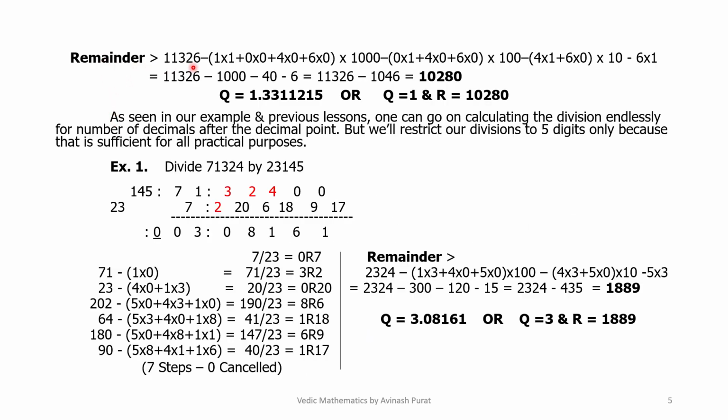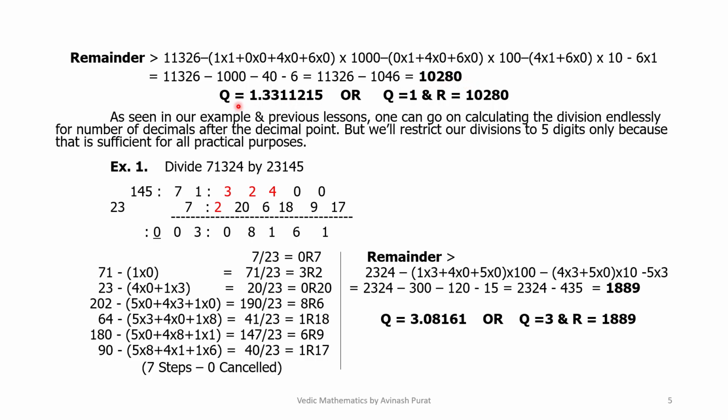Remainder: 11,326 minus 1 into 1 plus 0 into 0 plus 4 into 0 plus 6 into 0 multiplied by 1000, minus 0 into 1 plus 4 into 0 plus 6 into 0 into 100, minus 4 into 1 plus 6 into 0 multiplied by 10, minus 6 into 1, that is equal to 11,326 minus 1000 minus 40 minus 6, that is 11,326 minus 1046, that is equal to 10280.